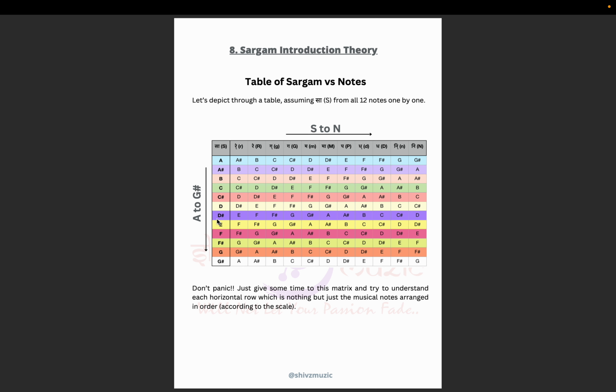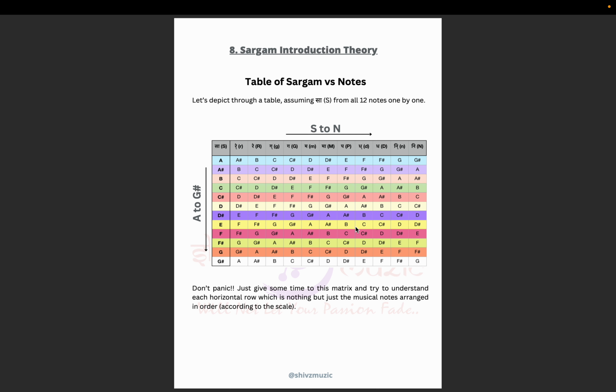Like this only. Suppose for example, to make you understand, take the example of F sharp scale, this one, yellowish color. Then if Sa is F sharp, then Ga Shuddh swar will be A sharp, then Pa swar will be C sharp. So like this you can understand the table.